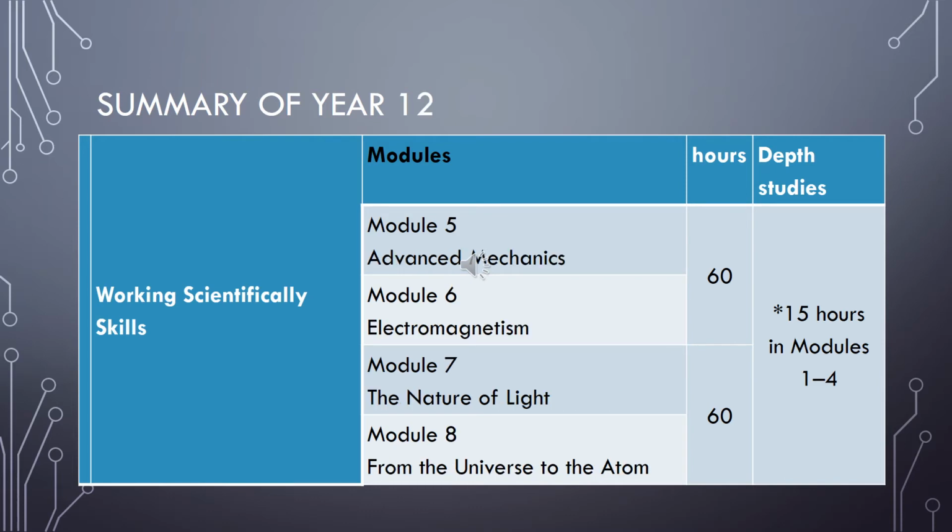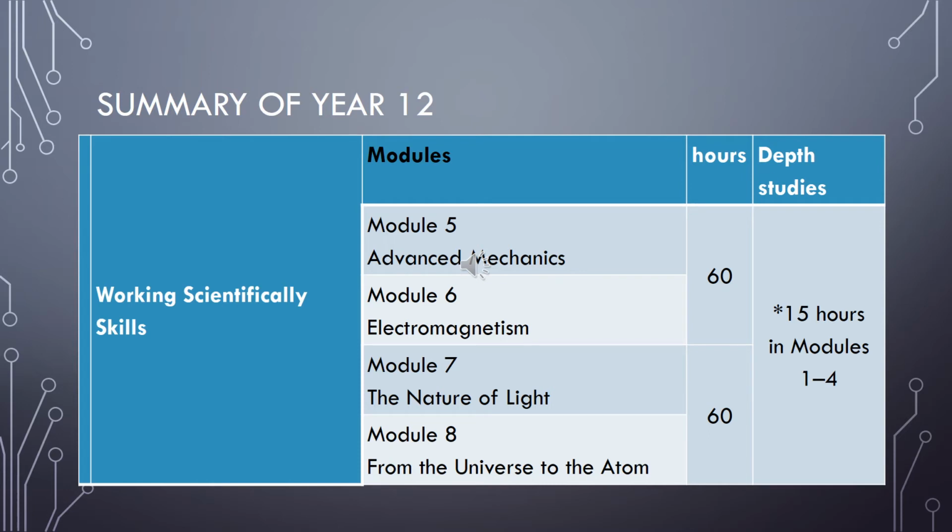Again, in Year 12, you have 4 modules to complete. Module 5, Advanced Mechanics, looks at all forms of complex motion by understanding forces acting on a system. An example of this is projectile motion. In Module 6, Electromagnetism, you look at the interaction that takes place between charged particles and electric and magnetic fields. You look at the technology development, in particular in motors.